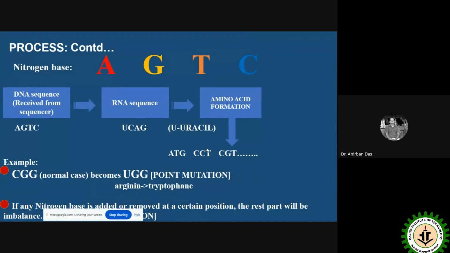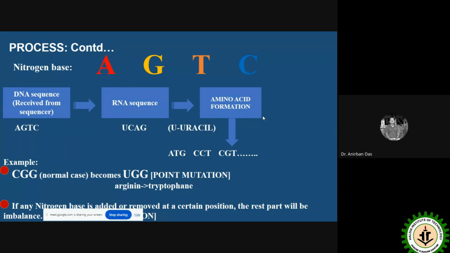Amino acid codons are made with three characters taken together consecutively. You can see that ATG is taken, then CCT, then CGT, like this, for whatever number of characters you have in the RNA sequence. Those are formed with three characters together, and that becomes the amino acid codon.